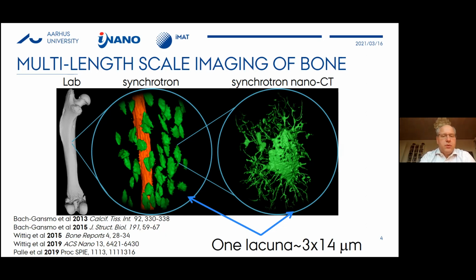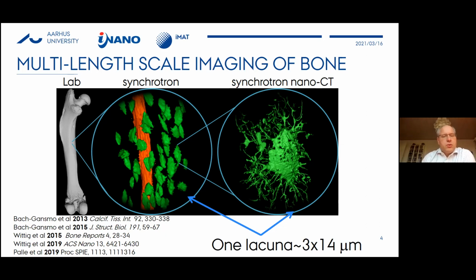So that's good enough to look at mechanical turnover in bone, but it doesn't really tell us anything about the cells. So to look at the cellular cavities, we could use X-ray microscopy in the laboratory, which is a rather laborious and slow process.